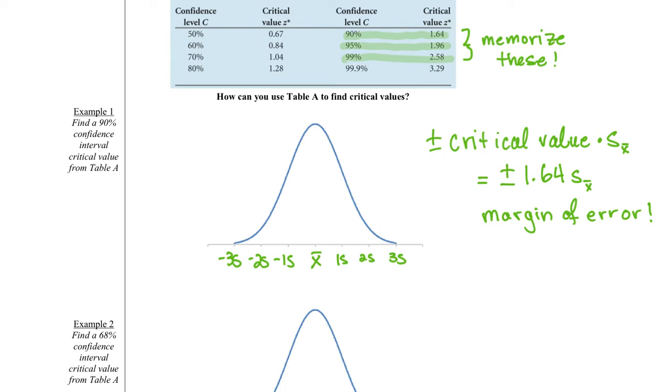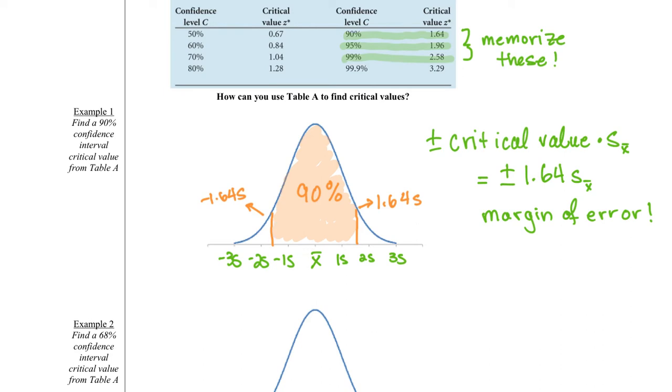What I'm seeing is that somewhere between 1 standard deviation and 2 standard deviations is my margin of error or my interval. We want 90% of that inside value to represent my confidence interval. So this is the area I'm looking for.